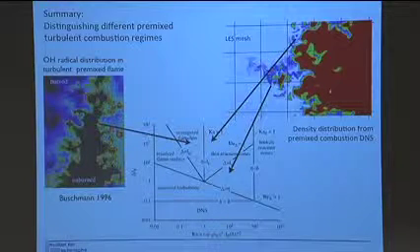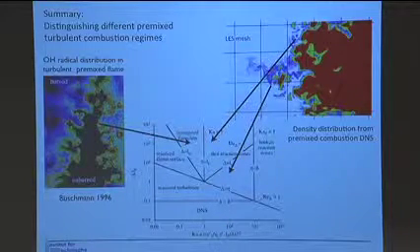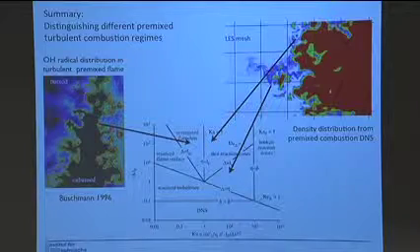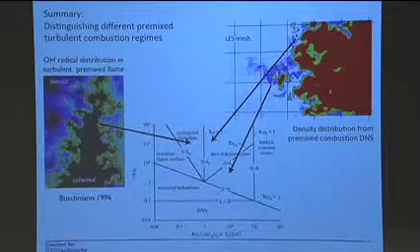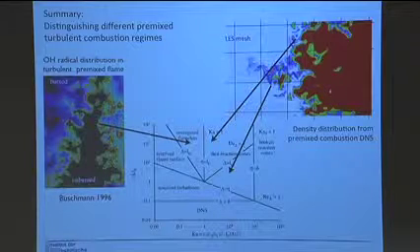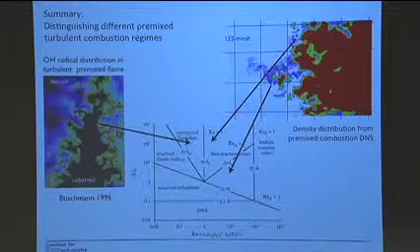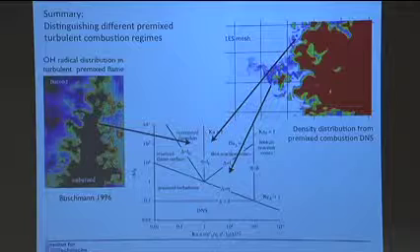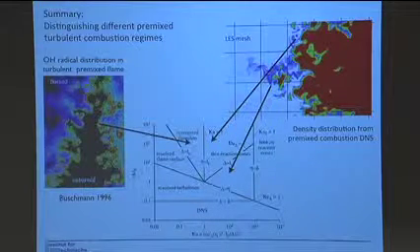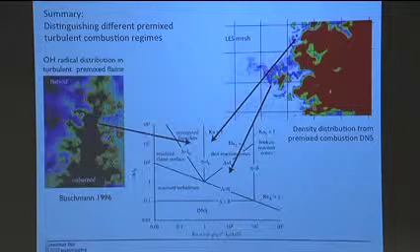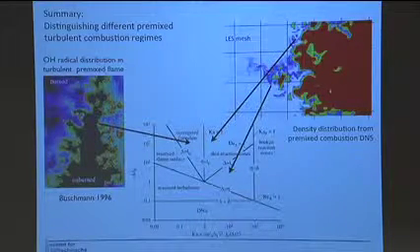Okay, so this here would be a region again that is more in the corrugated flamelet regime, and this here is a region that would be more in the thin reaction zone regime. And then you see that finally the jump in temperature here again appears almost like a discontinuity. Okay, not everywhere, but mostly it appears like a discontinuity.